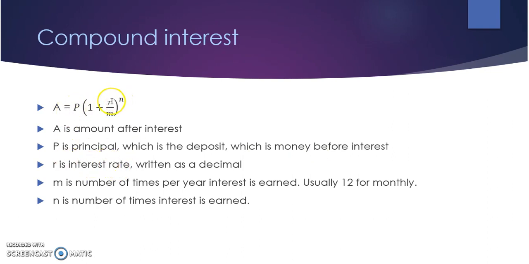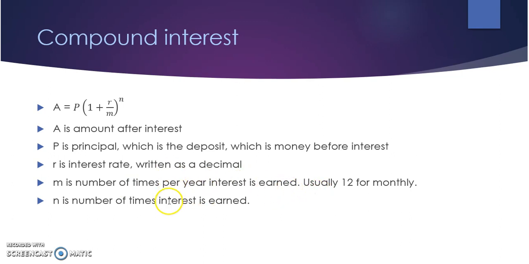R is the same as it is in the simple interest. You've got to convert it to a decimal. Banks will tell you an effective interest rate and a nominal interest rate sometimes. For the purpose of this formula, we're using the nominal. If they only give you one number, they're giving you the nominal. Again, you write it as a decimal. Now, M is the number of times per year interest is earned.